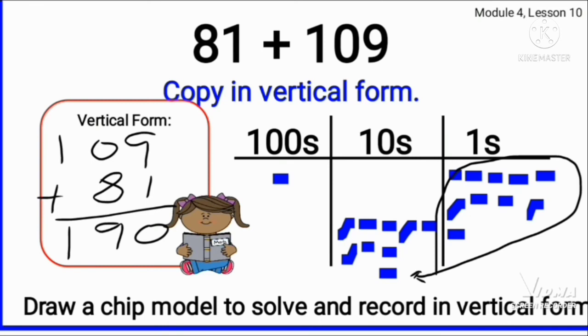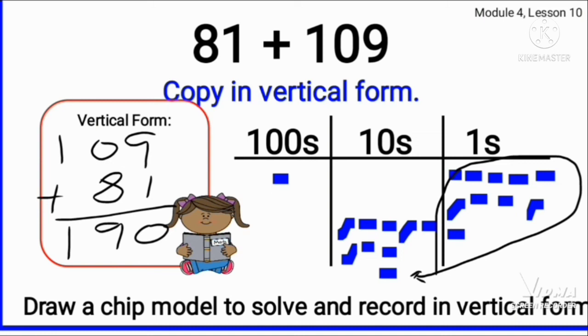Let us compose 109. 109 means 1 chip in the hundreds position, nothing in the tens, and then 9 chips in the ones position. 81 means 8 chips in the tens position and 1 in the ones position. So all the chips in the ones position are 10. I can compose a 10 and move it to the tens place.